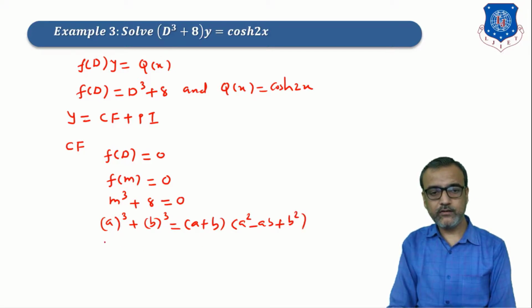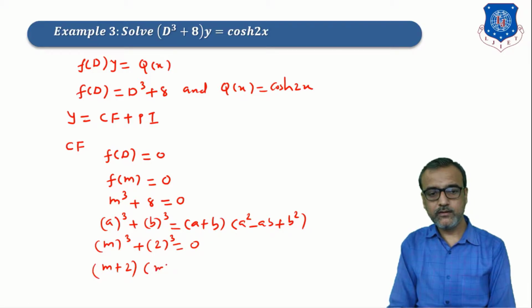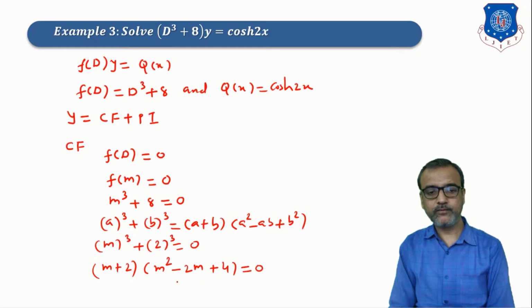So here we have m cube plus 8, which is 2 cube, that is equals to 0. So in one bracket we have m plus 2. In second bracket we have m square minus 2m plus 2 square, which is 4, that is equals to 0.